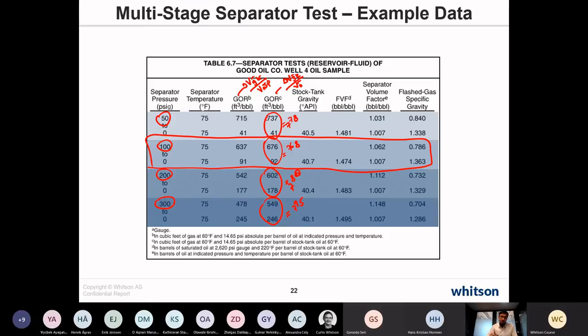And one other comment. This is how it was usually done historically to find the optimum separator pressure. But now, since we have equation of state model development, like we usually develop equation of state models with the PVT data, you can do all these separator optimization studies with an equation of state model and come up with the optimum separator pressure and temperature that you want to use for your field.